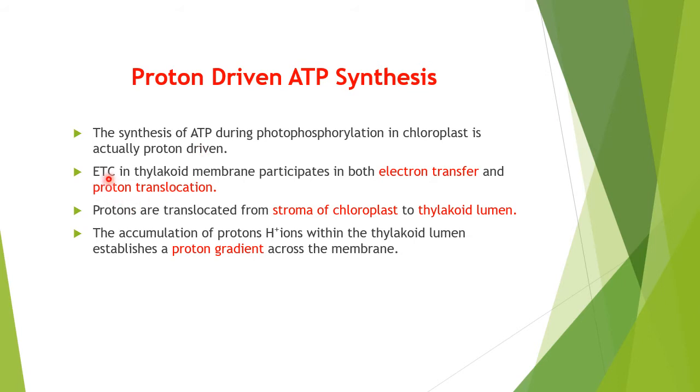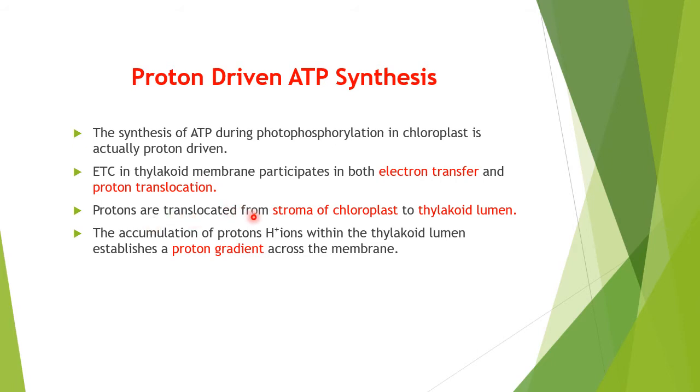We know electron transport carriers in the thylakoid membrane participate in both electron transfer and proton translocation. We have seen in the thylakoid membrane there are electron transport carriers, both systems are present there, and they are responsible for electron transfer as well as proton translocation.